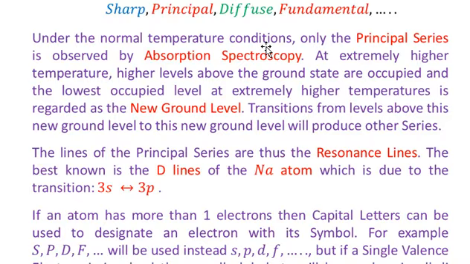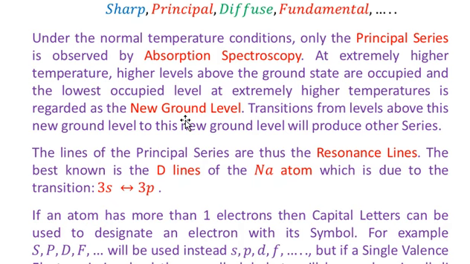Under normal temperature conditions, only the principal series is observed by absorption spectroscopy. At extremely high temperature, higher levels above the ground state are occupied, and the lowest occupied level at extremely high temperature is regarded as the new ground level.